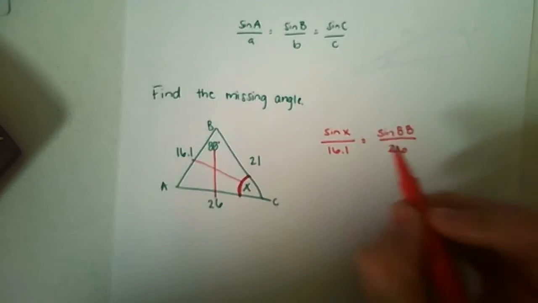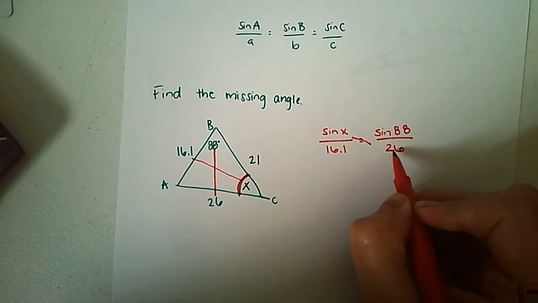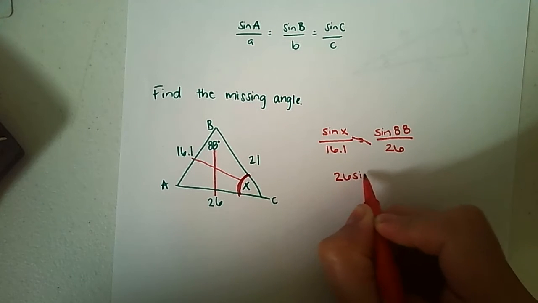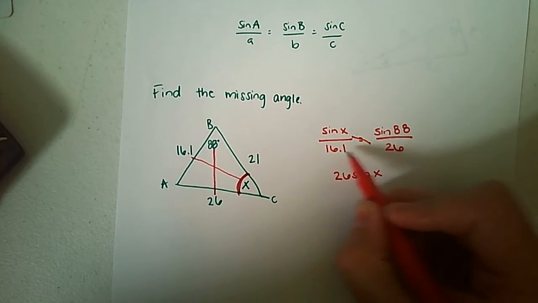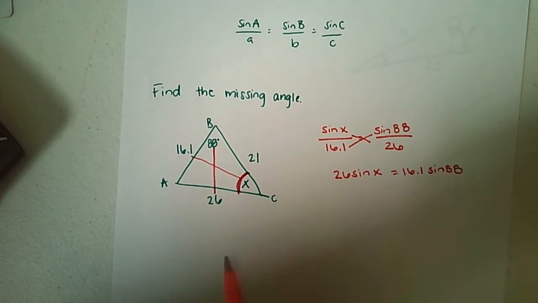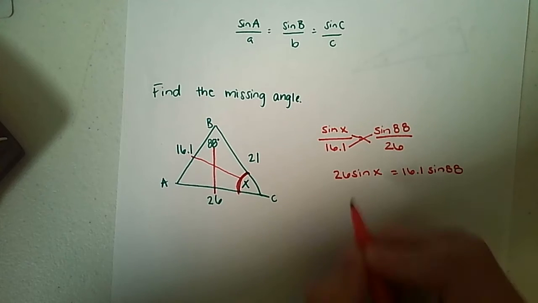But now same process, we are going to cross multiply. So we will have 26 times the sine of x, and then we will have 16.1 times the sine of 88. Now, this next part's going to be a little different.